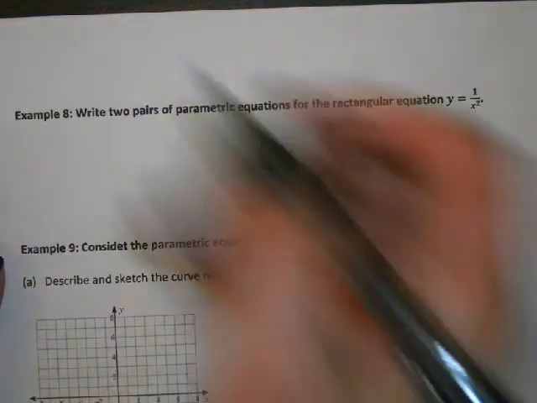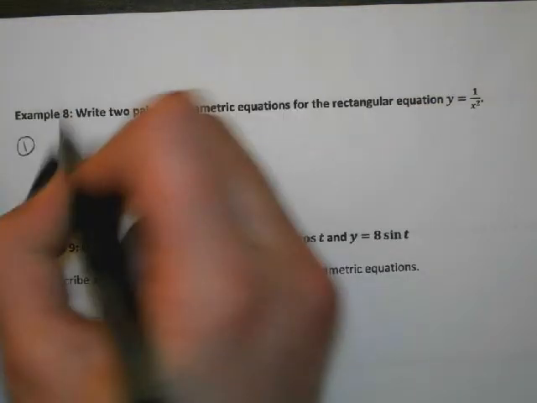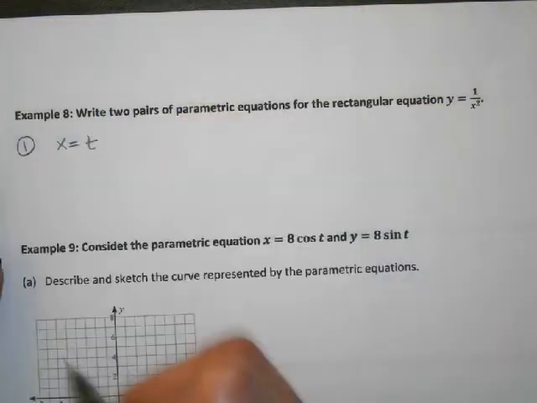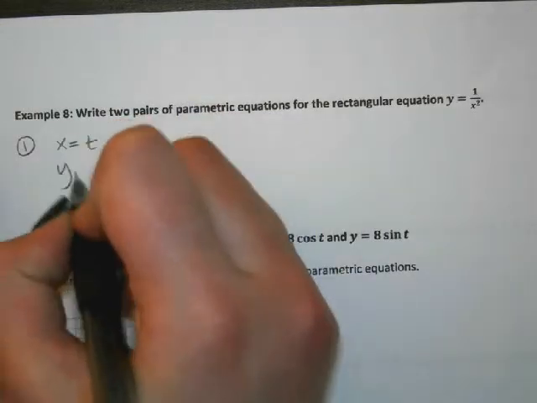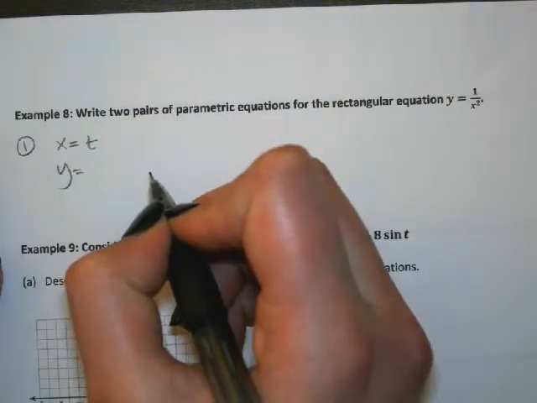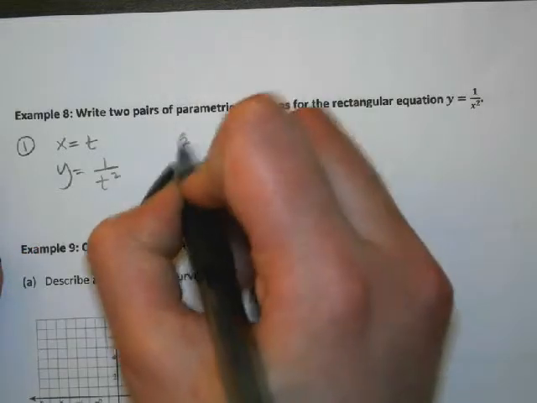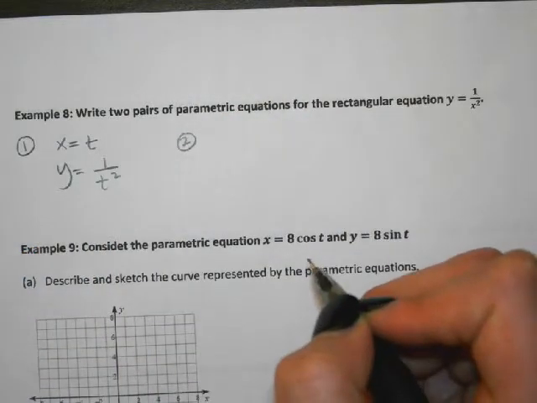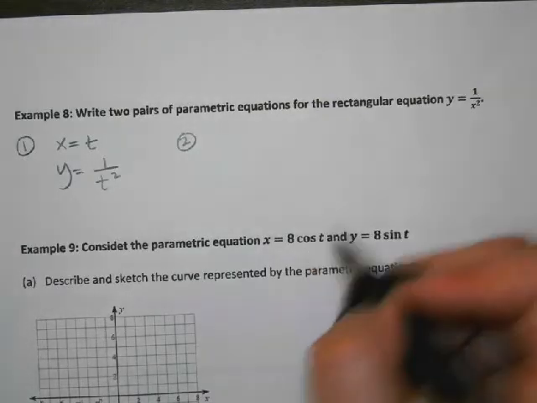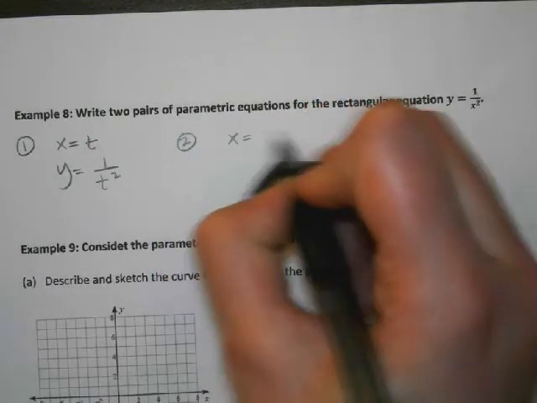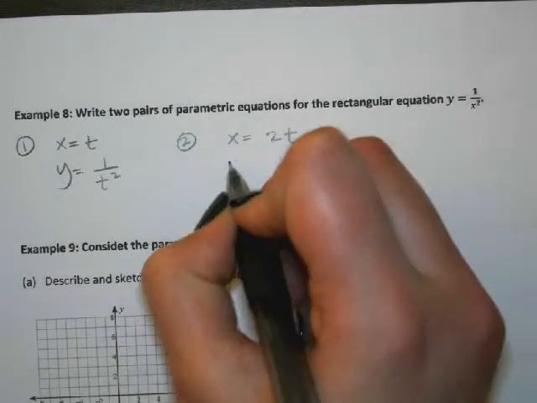All right, example 8. So we're going to do the same thing again, but with a new scenario. So first, if we said x equals t, then y would be what? What if we said x equals 2t?